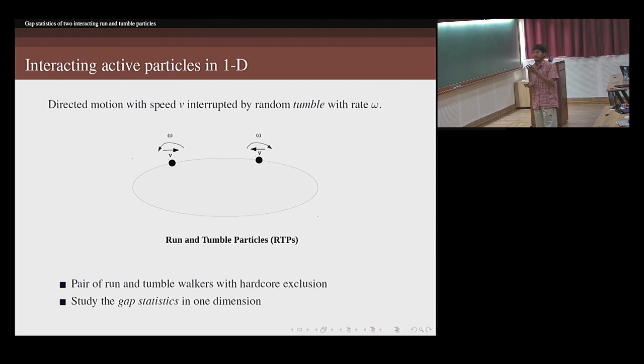This specifies the dynamics of the system. In addition, you can put external noise onto it, and you can define the model on a lattice or on a continuum, or whatever setup you like. Here we take two such particles and study the gap statistics, because we expect that the gap distribution will incorporate the effect of the interaction and whatever external parameters or drive there are.